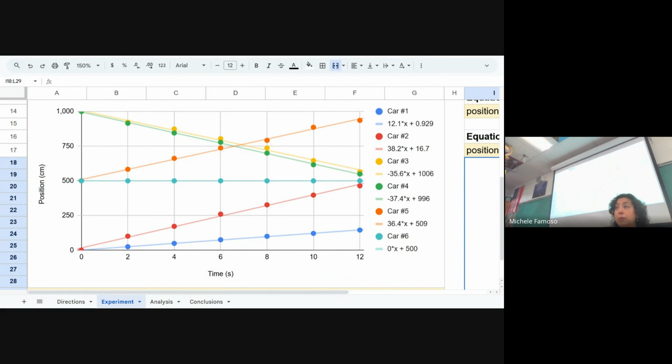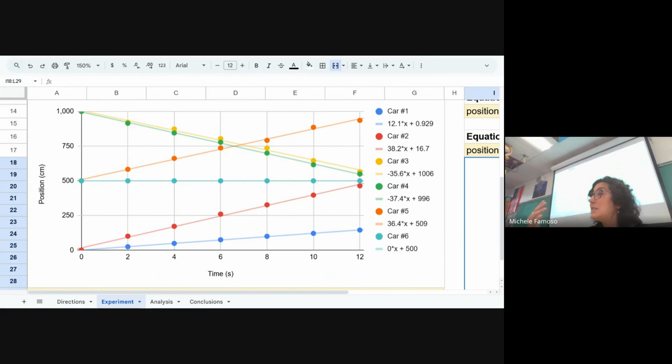One was faster. Do you remember which one was faster? Car 2 was faster. Now take a look at these 2 graphs. They both start at the same place here, but do you see how car 2's graph looks like that, where car 1 only looks like that? What's different about this line that indicates it would be going faster?